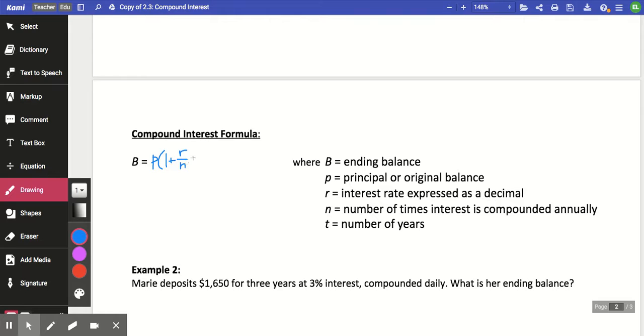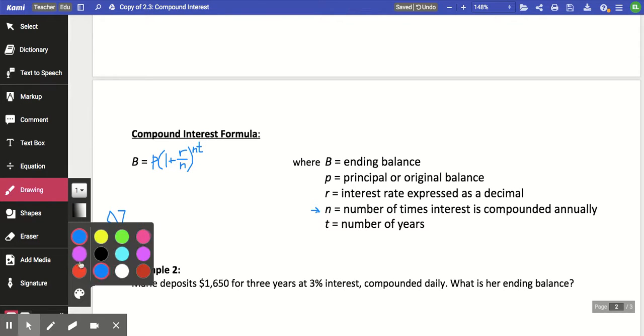So this R divided by N is just converting the annual interest rate to the compound frequency in which we want. Similar to example 1, we took the 0.07 annual rate and divided it by 4 to create the quarterly rate. And then we have to multiply the compound frequency by the number of years.